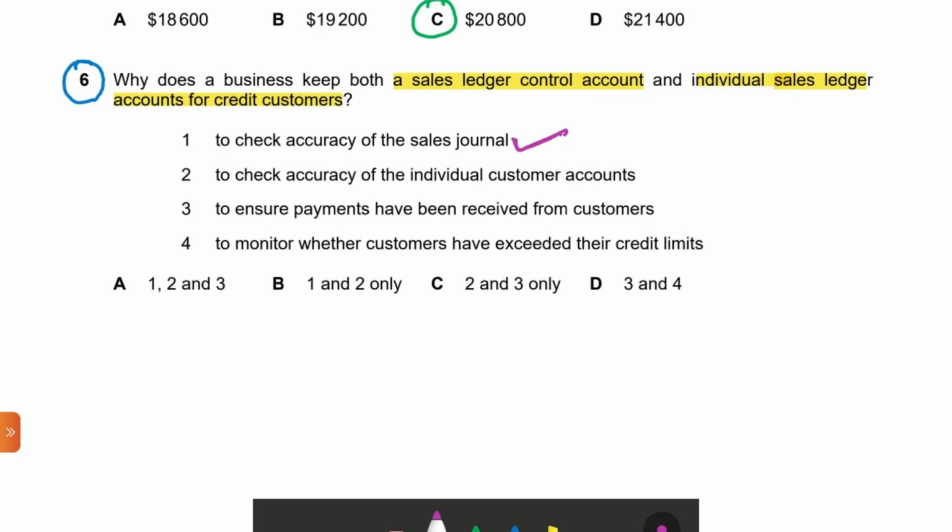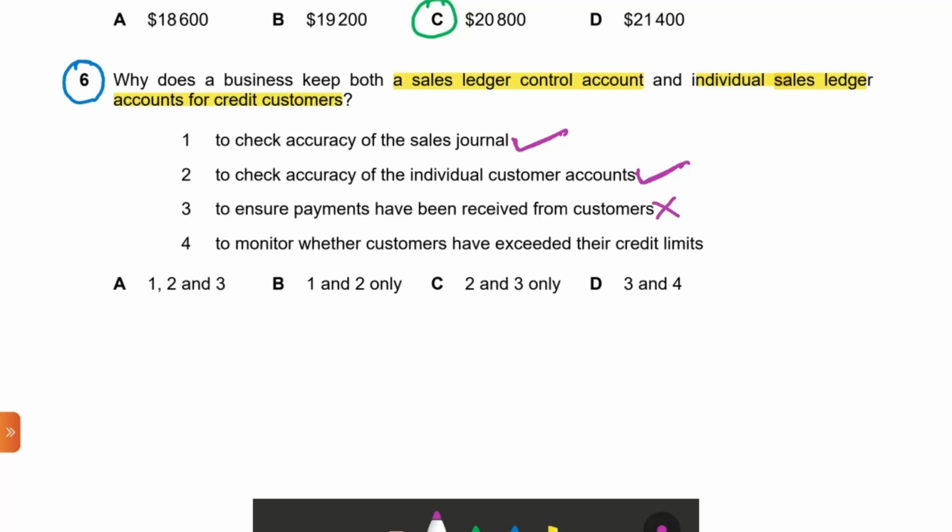Second, to check accuracy of the individual customer's account. Yes, checking the accuracy of the individual customer's account is also important. To ensure payment has been received from customers. No, there is no such purpose.